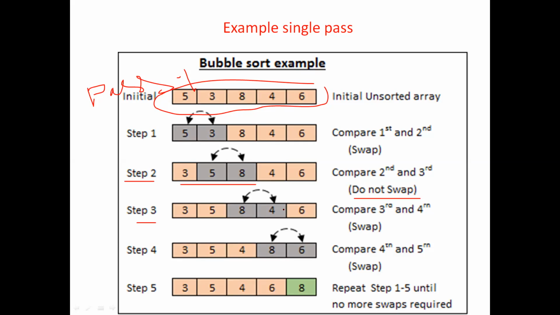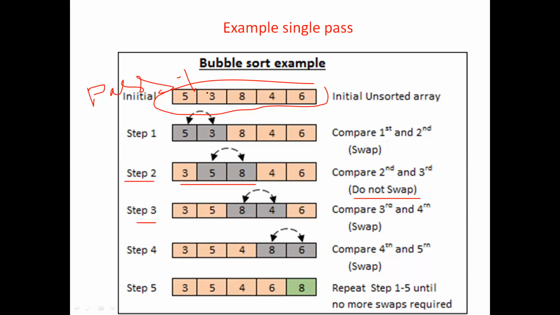So this is how bubble sort works. You can get some idea that while doing this comparison, automatically the highest element will be placed in the last index of the array.